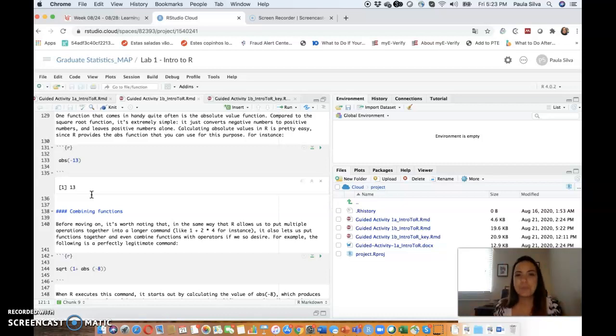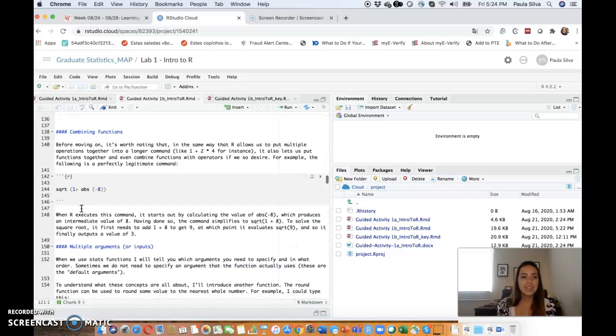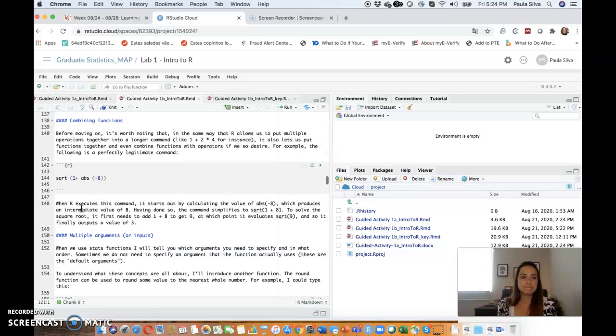You see that with R, you can just use the abs function, and instead of using just one number as input, you can use a column of data. So you can do that pretty easy transformation in one little line of code instead of having to go into your data set and transforming everything. So that's one reason we use functions, to make our lives easier and really less prone to errors.